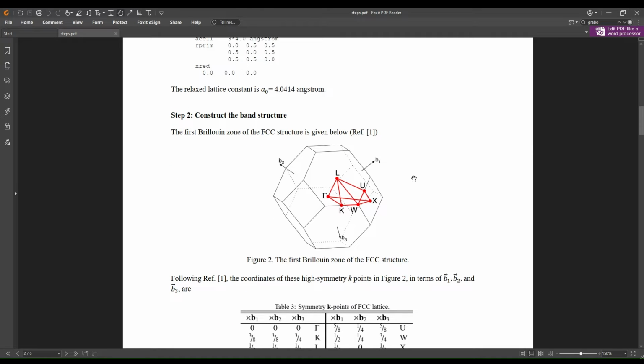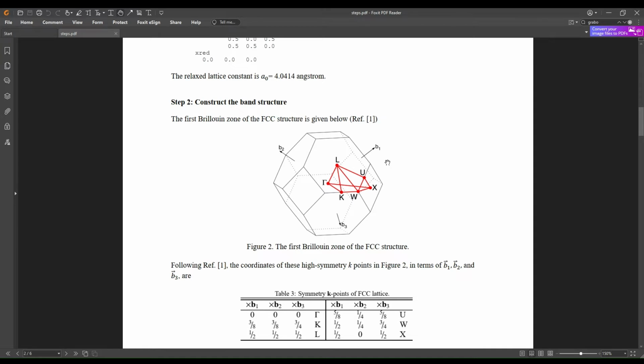And in order to construct the band structure, I showed you the first Brillouin zone for this FCC structure. In many cases, we draw the band structure along the high symmetry k-points in the first Brillouin zone. And so here in this figure, I list several high symmetry points.